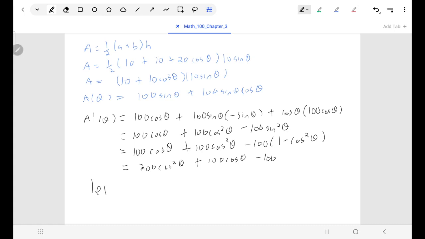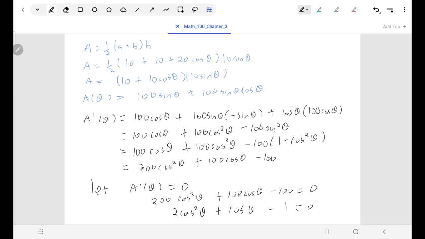So let's see if A prime is equal to 0. So I'd have 200 cosine squared plus 100 cosine minus 100 equals 0, which of course you could make your life easier right away and divide everybody by 100 so that you'd only have 2 cosine squared plus cosine minus 1.